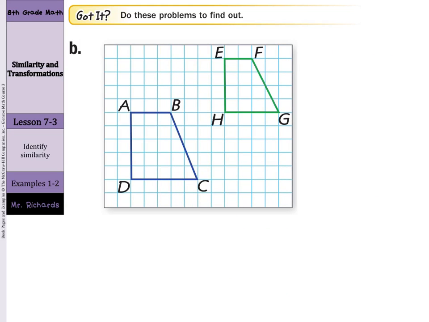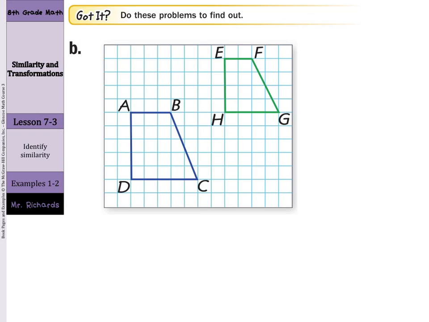Now in our next example, the orientation of ABCD is the same as the orientation of EFGH, so we do not need to think about any type of reflection or rotation. There's going to be some sort of translation, perhaps, but let's check the ratios of the side lengths first here before we think about any kind of translation.